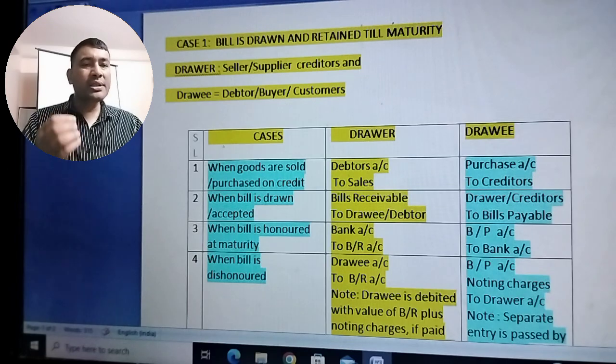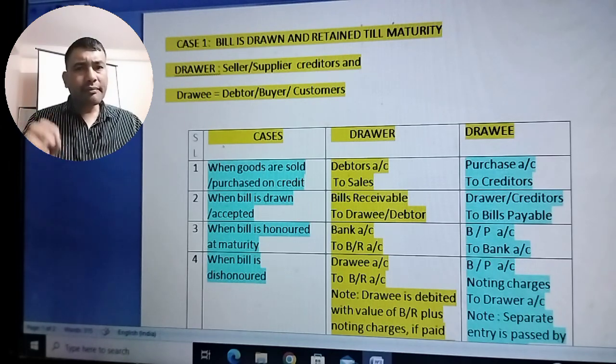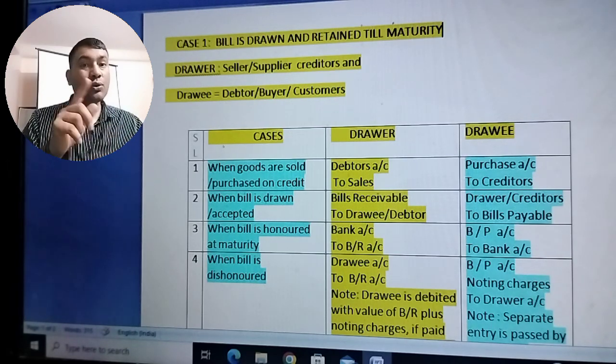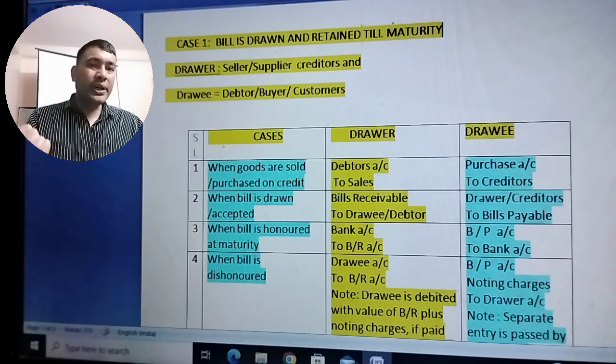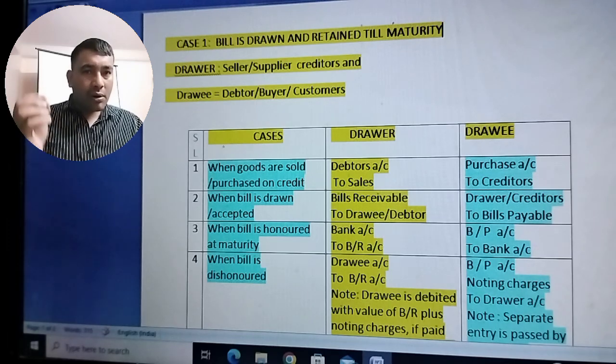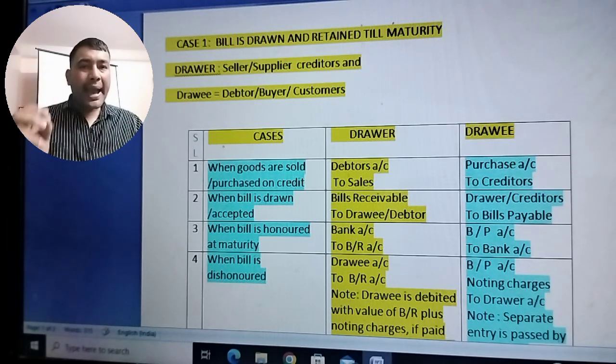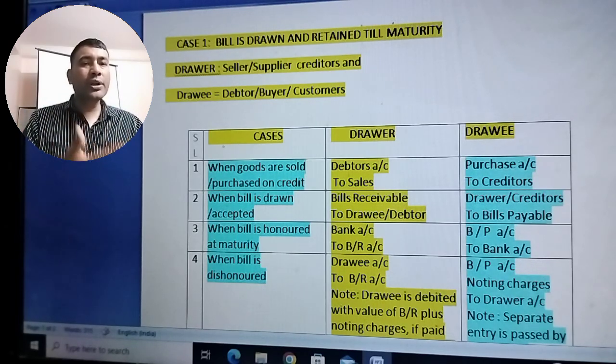So when a bill is honored, that is when the bill is received, paid by the drawee and received by the drawer, the journal entry will be bank account debit to bills receivable. This entry is valid only when the bill is retained till maturity. Upon honoring of the bill, the drawee will pass the entry of payment of bills.